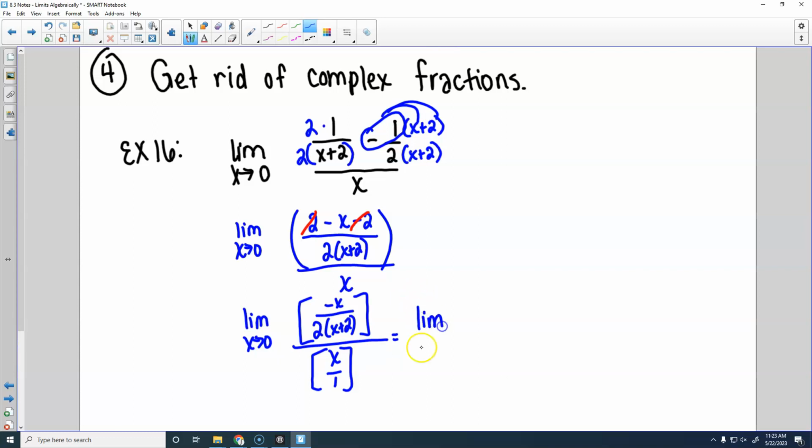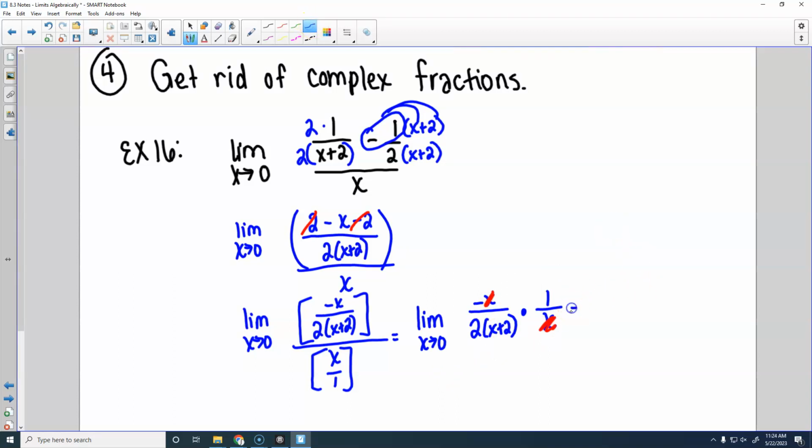So it's going to be the limit as x approaches 0 of negative x over 2 times x plus 2, times 1 over x. And since this is multiplied here, you can cancel this x with this x. Do make sure the negative stays.